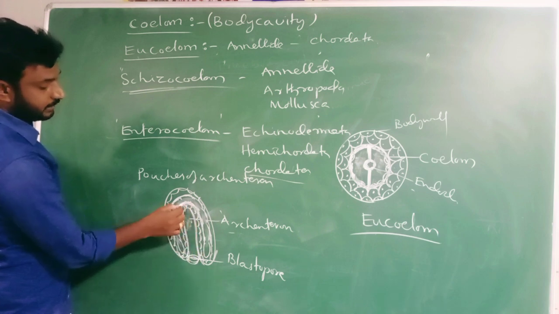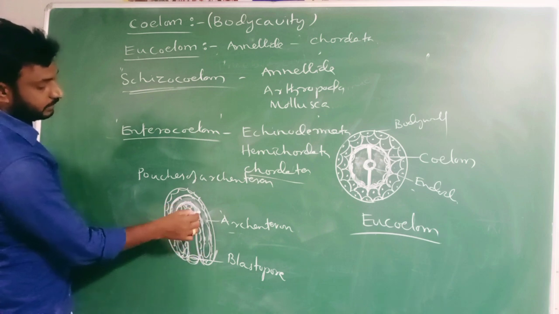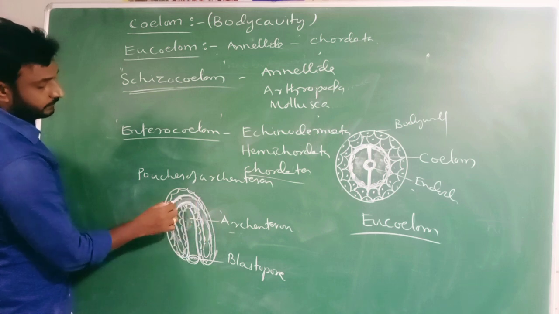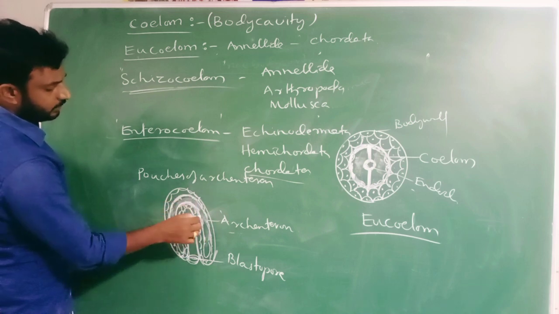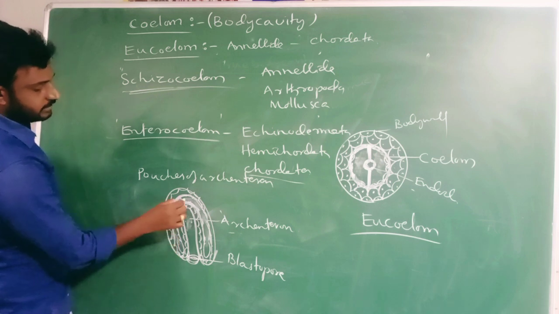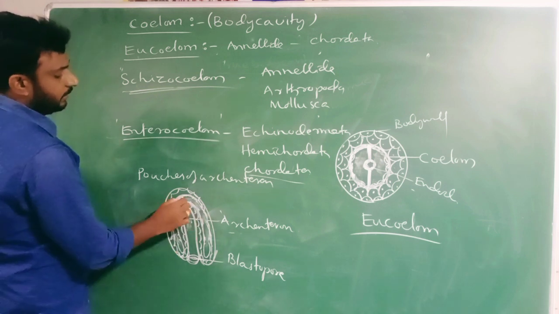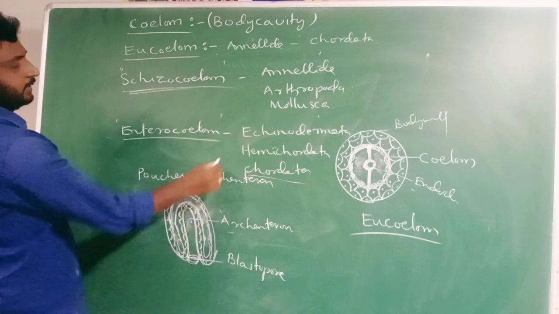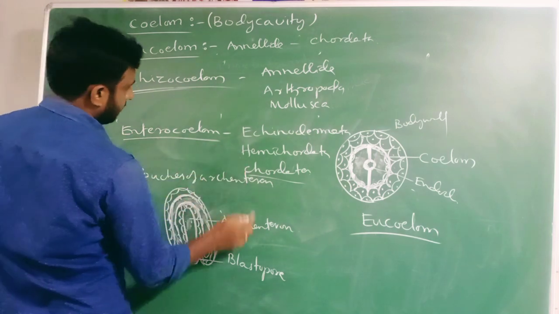A few cells are detached from the archenteron and form middle mesoderm pouches. These pouches fuse with each other and form a cavity, called a true body cavity or enterocoelom. Examples: Echinodermata, Hemichordata and Chordata.